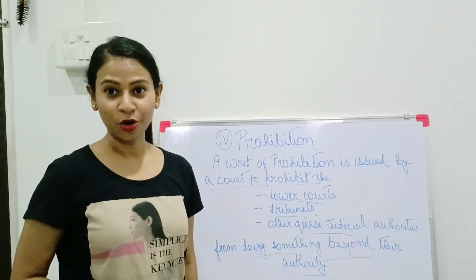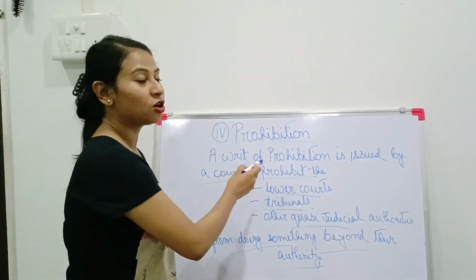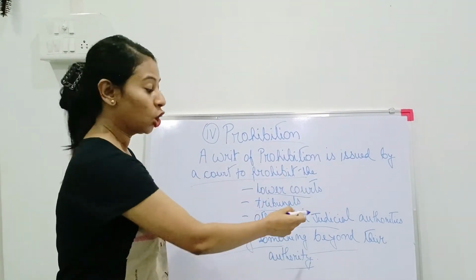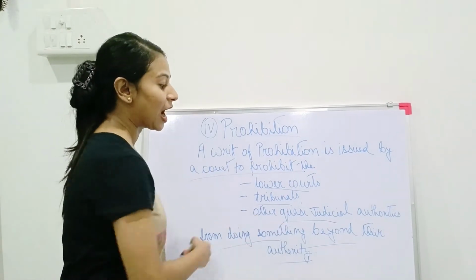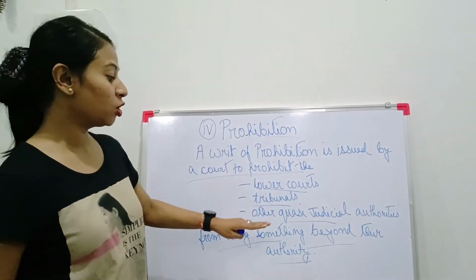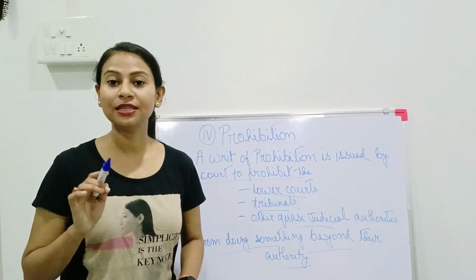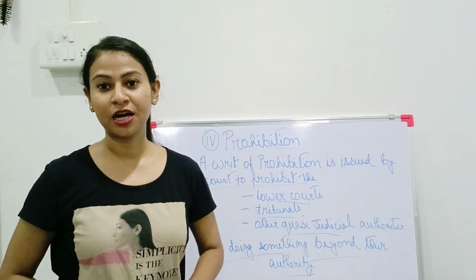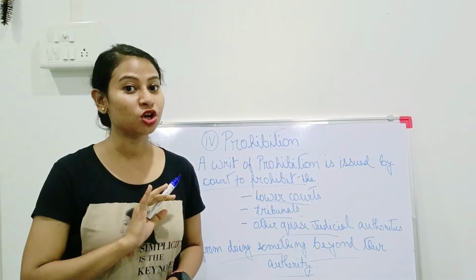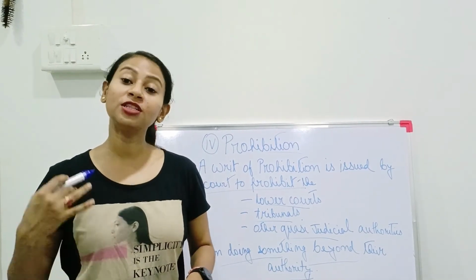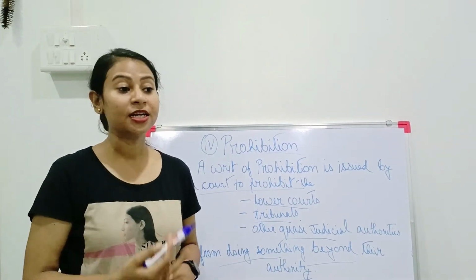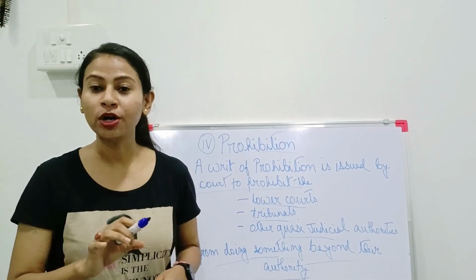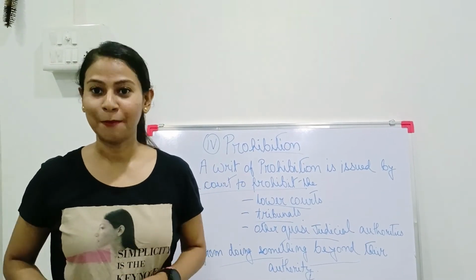Writ of prohibition. A writ of prohibition is issued by a court to prohibit a lower court, tribunal or other judicial authorities from doing something beyond their authority. It is mainly of a preventive nature. Suppose a matter is not disposed of. Before the disposal of that matter, the Supreme Court or the High Court can prohibit that court from entertaining the matter.